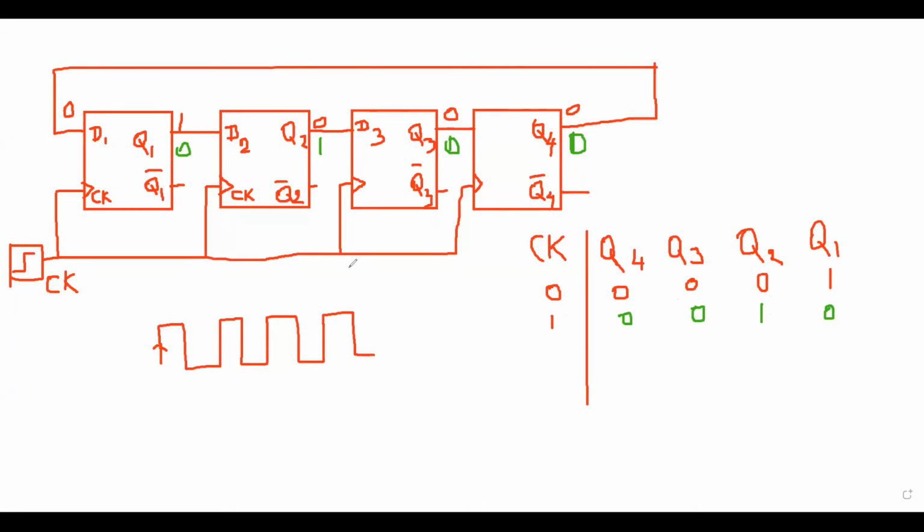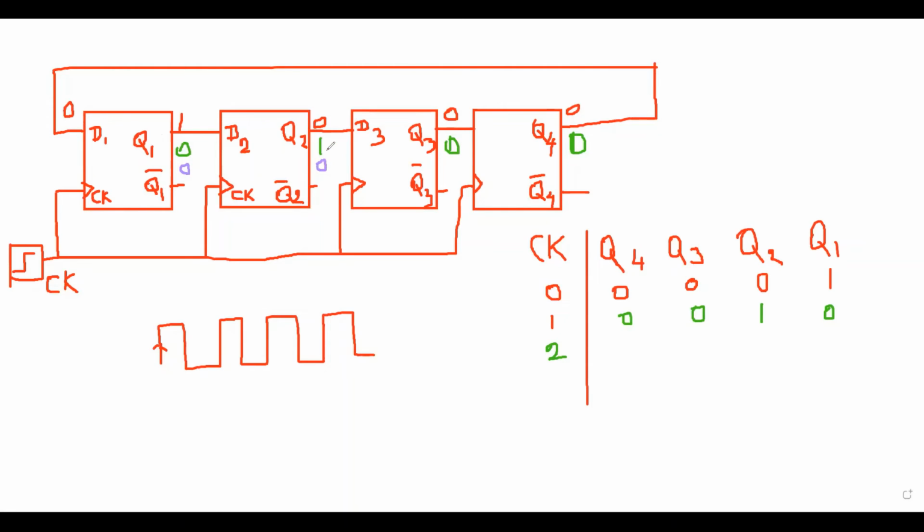Then for the second clock pulse, this 0 will come to the input. So here 0, then this 0 will move to the output. So another 0, this 0 will move to the output.